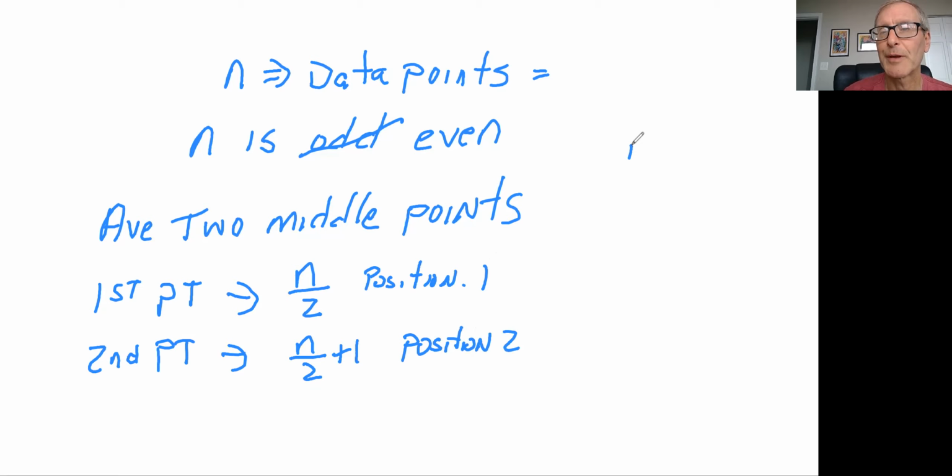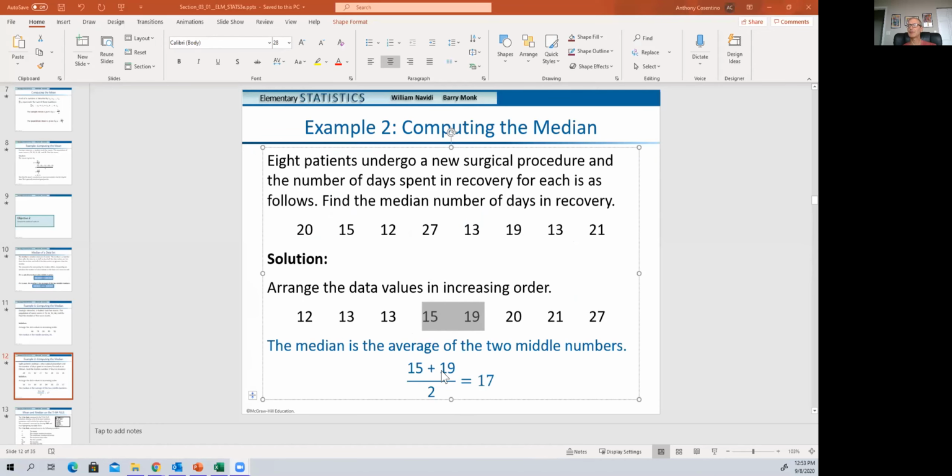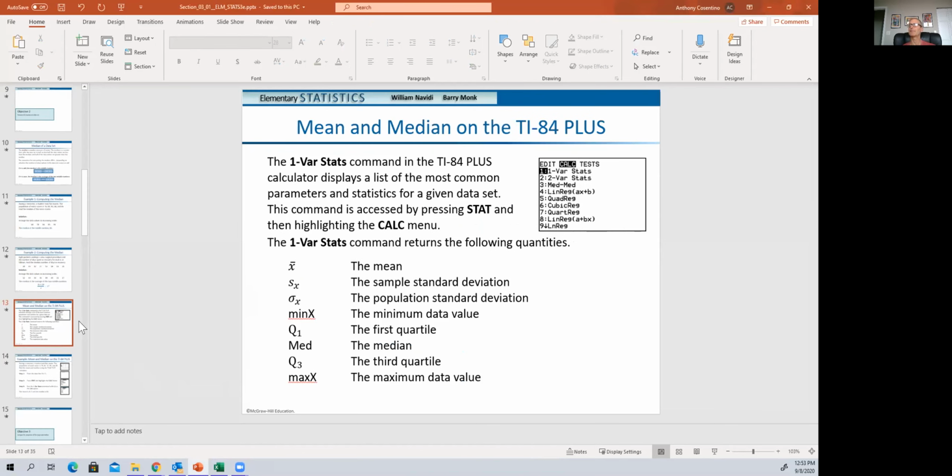So in our example, we had n equals 8. So the first point is 8 divided by 2, which would be 4, so position 4. And the next one would be 4 plus 1, which would be position 5. So if we go back to the data set, you could see that position number 4 is 15, number 5 is 19. You add those together and you get the median.